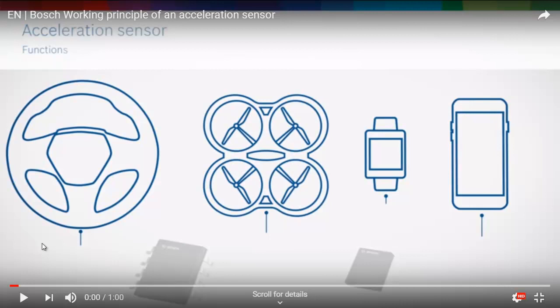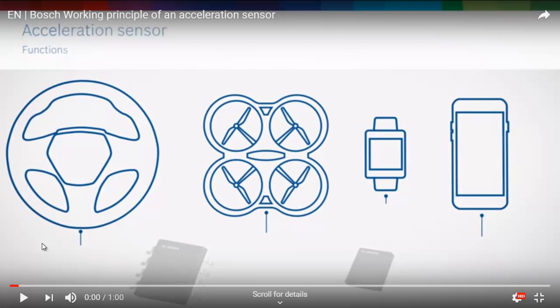Actually, 1D accelerometers are used in some applications, especially in airbags. The airbags are the first type of mass market for accelerometers, because at some point they became compulsory on all vehicles.